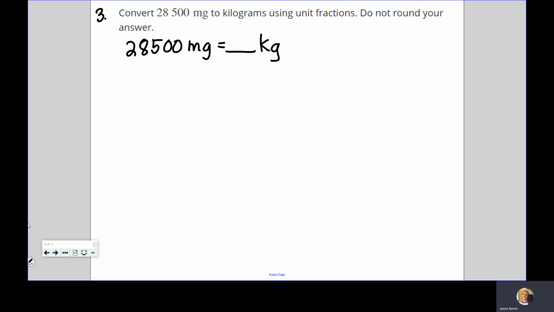On the test, I have you round everything to 3 decimal places. And we're going to use what we wrote down about meters, millimeters, and kilometers, and apply that to grams here.